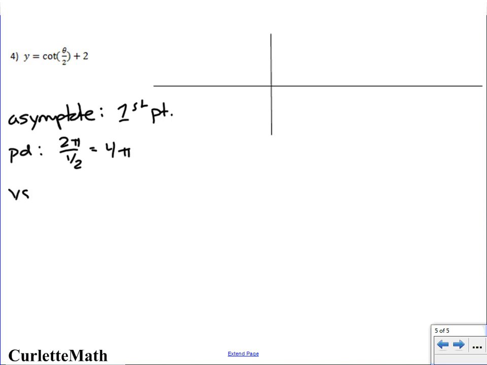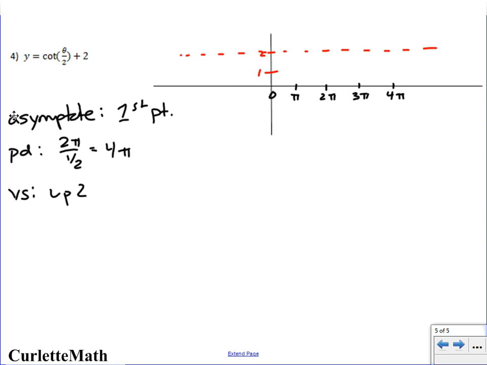And my vertical shift is going to be up 2. So graphing all of this, labeling our points will be 0, pi, 2 pi, 3 pi, and 4 pi. Vertical shift, up 1, up 2.